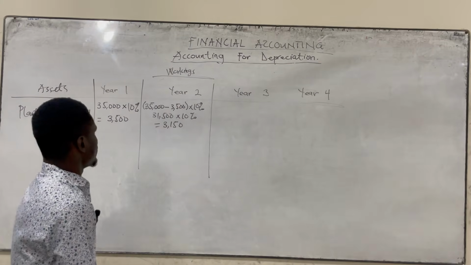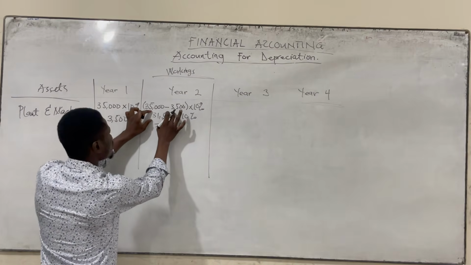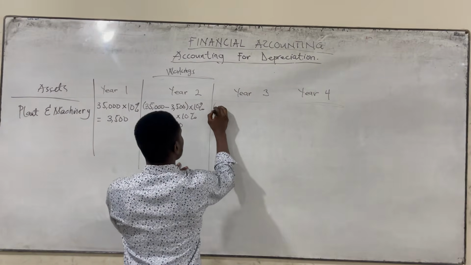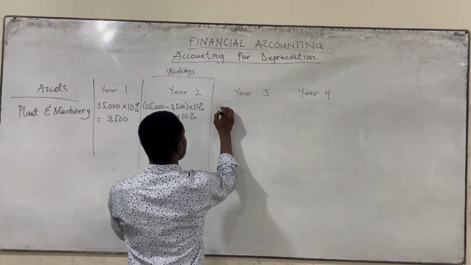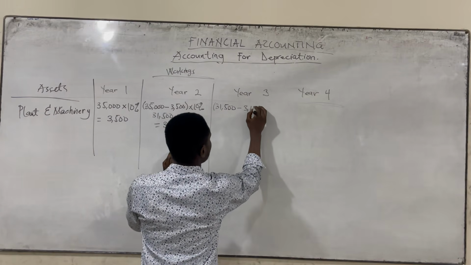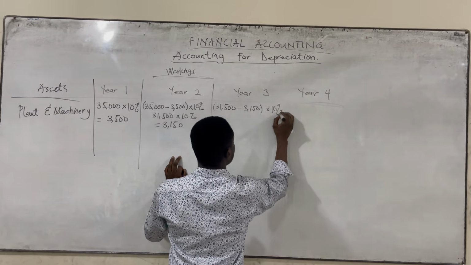Good. So when we come to year 3, we have a new cost. Okay, the net book value is our new cost. So in year 3, we are using reducing balance, so 31,500 minus our 3,150, times our rate, 10%.